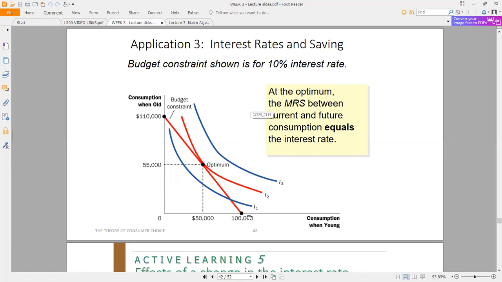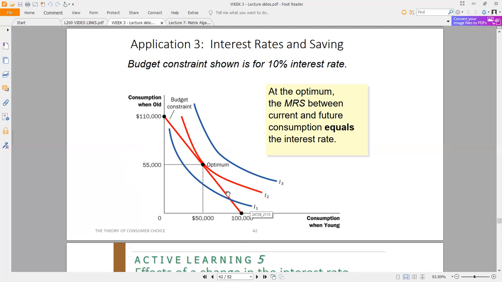I'm showing you how to draw the budget line. If he was earning 100,000 in period 1 when he was young, and he wants to consume all the 100,000, this is what it will be without consuming anything at all in period 2. Okay, so this is the first extreme case.